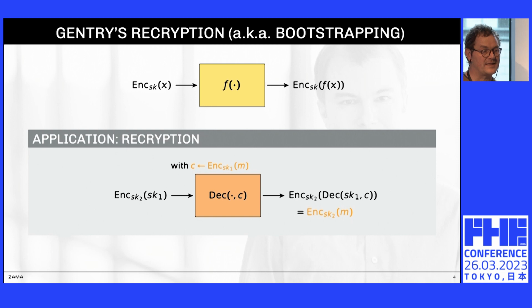His idea was, wait, we have homomorphic encryption, so it means that if you are given the encryption of X, you can get the encryption of f of X. Now if you take for f the decryption algorithm, so you give it as input a ciphertext and the key to evaluate the decryption, then you get as output another ciphertext, encrypting exactly the same message.